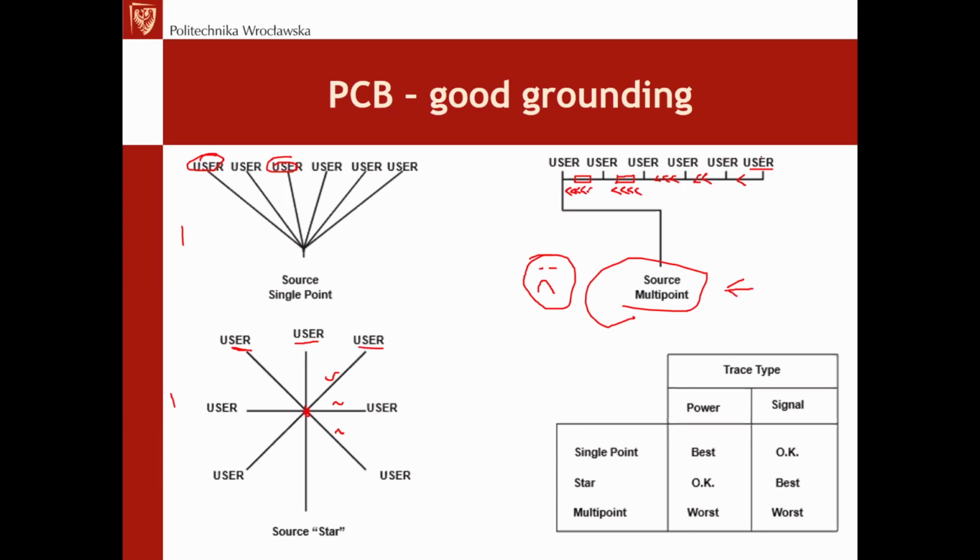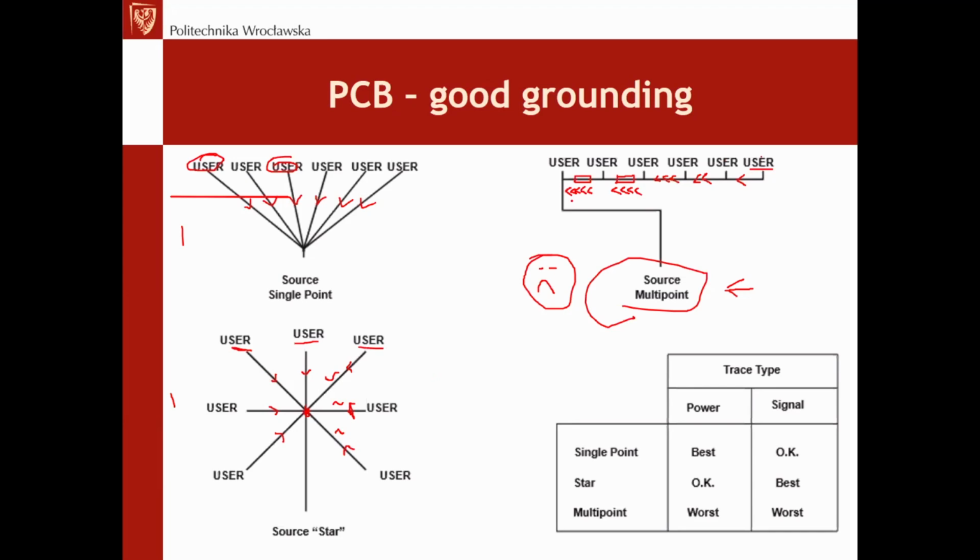That's the way this technique works. That's not happening here, because on each line the same current is flowing. Same situation we naturally have with the star technique.